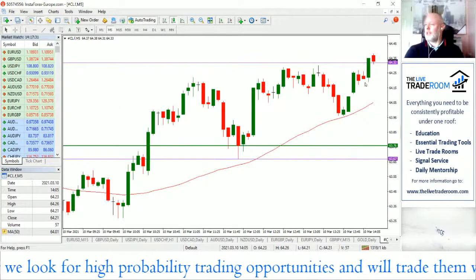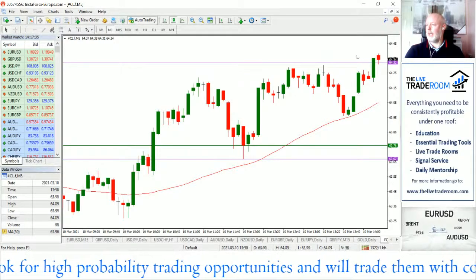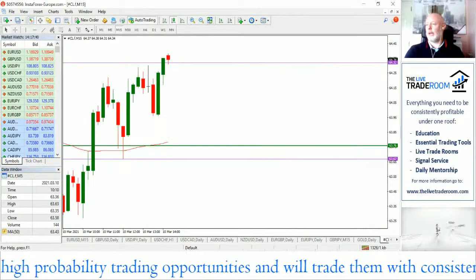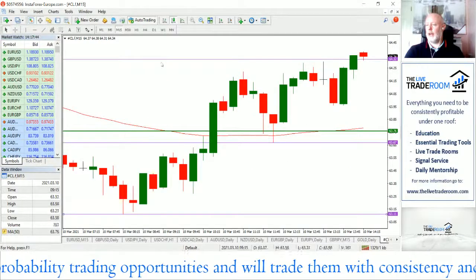So even on the 5-minute chart, we've had a little explosive move to the upside, and now we've got a bit of selling coming in. So we just want to see if that turns green, and if so, we might get a nice buy opportunity in crude oil.